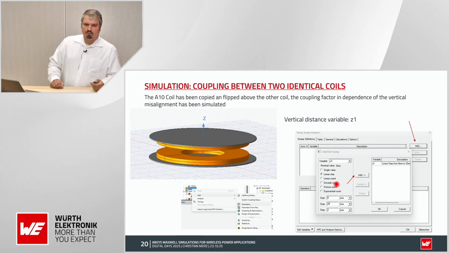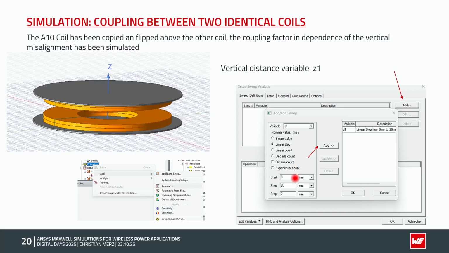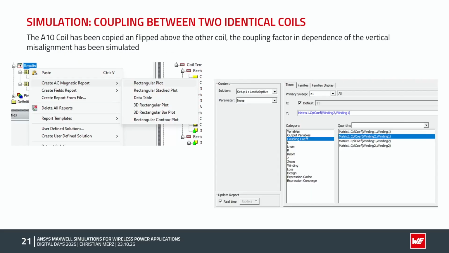And then you have to define a start and a stop value. In this case, I started at 0 millimeters, which means that the secondary coil is directly on top of the primary coil. At the end distance, I chose 20 millimeters, and the step size is 2 millimeters in that case. Then you just go to add and OK, and your parameter sweep is defined.